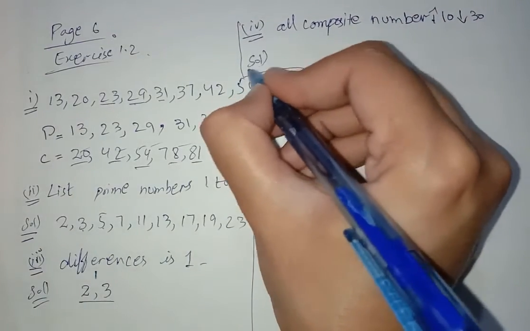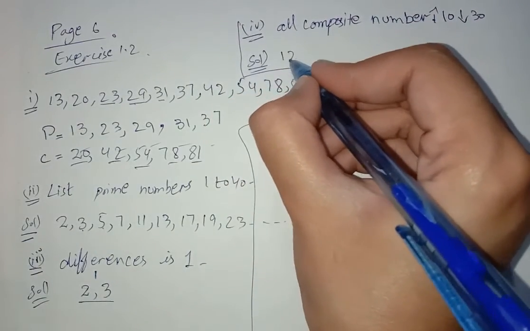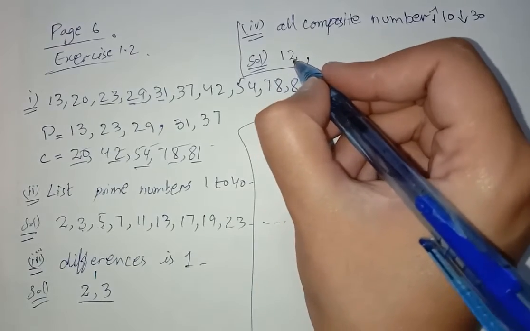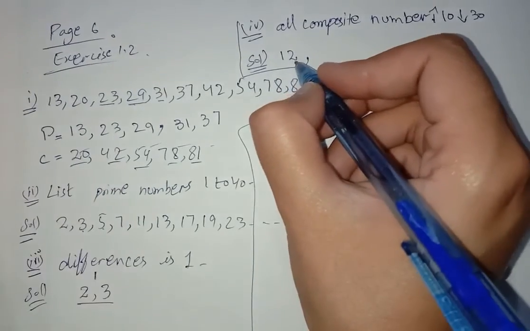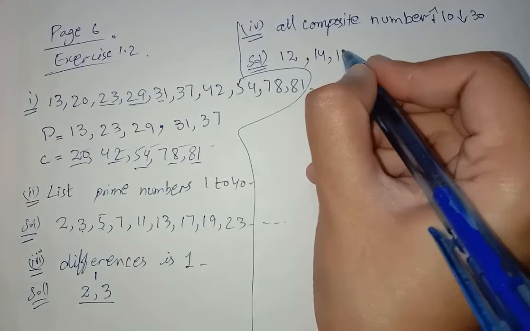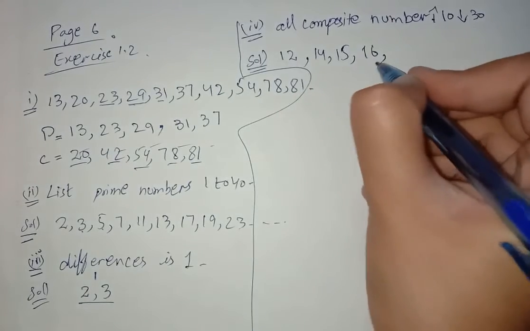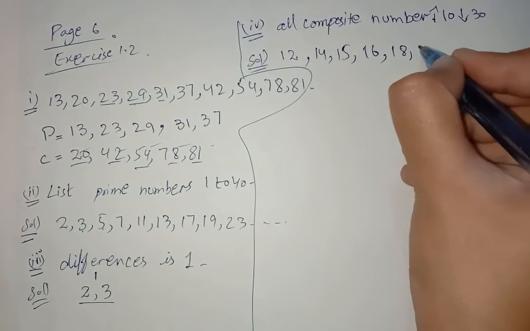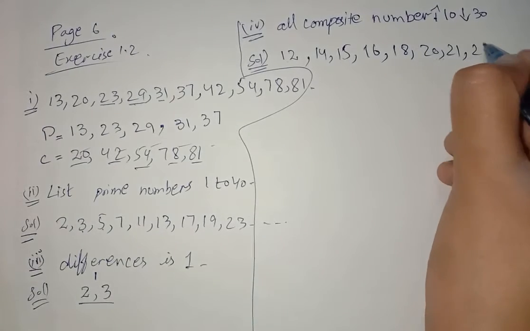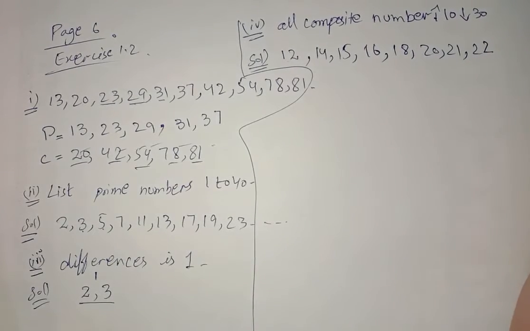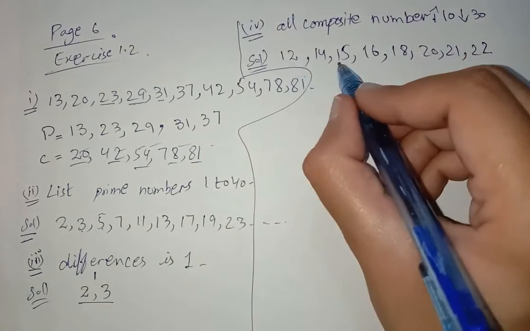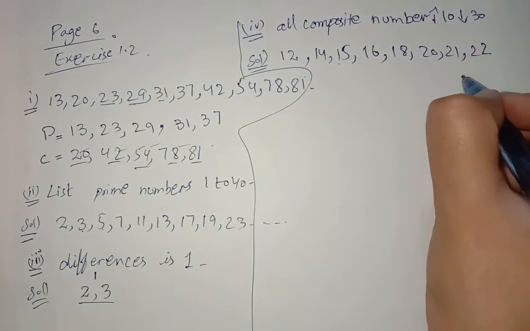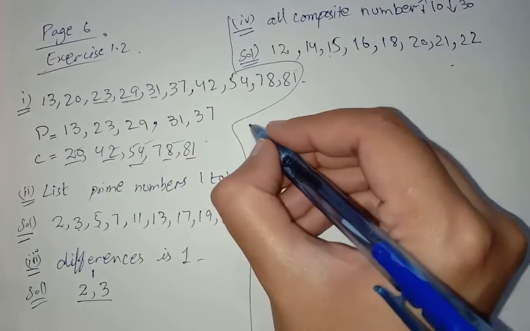The composite numbers are the numbers which come in the table of 2, like 12, 14, 15, 16. We can call composite numbers even numbers. 18, 20, 21 and 22, because these are all greater than 10 and less than 30.